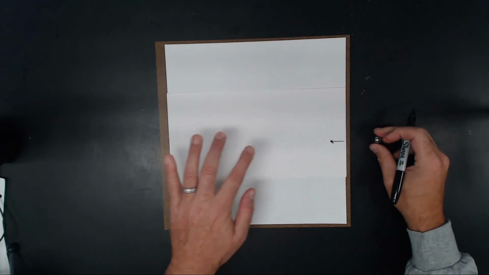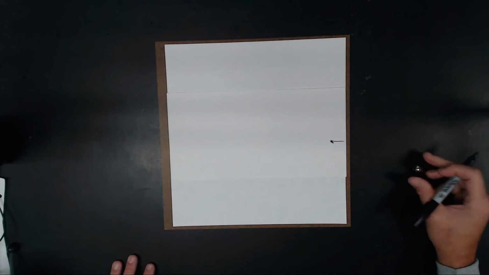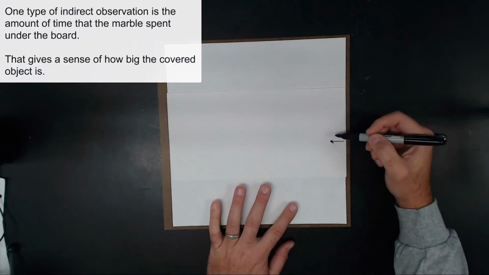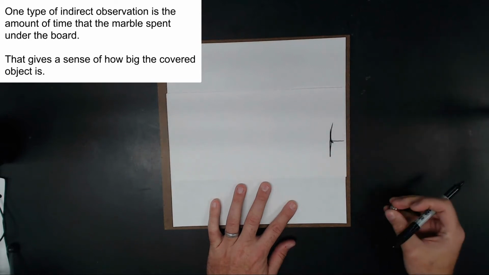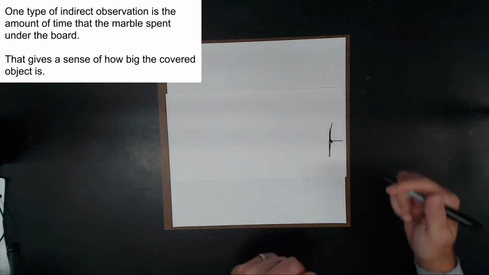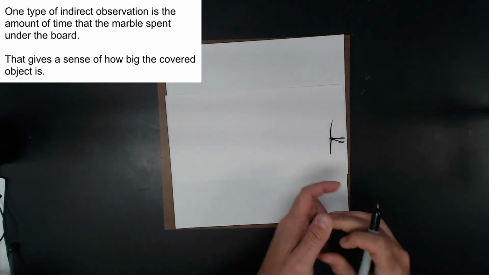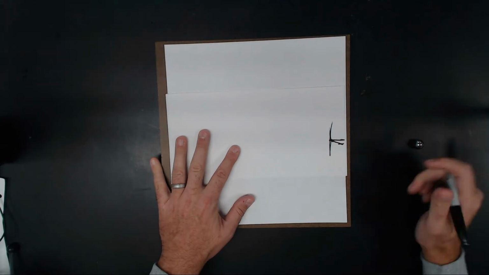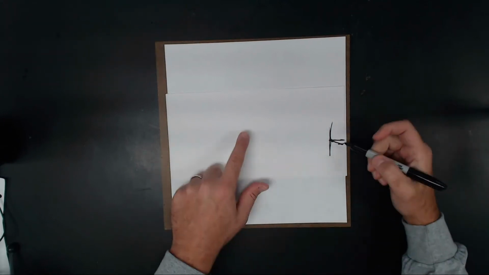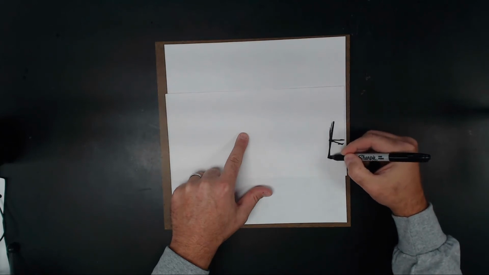You can tell because it disappeared and immediately came back out. So whatever it is, it's kind of here, and it's also kind of flat, because when it went in, it only came back out at a little bit of an angle. So it may not be flat, maybe a little curved.